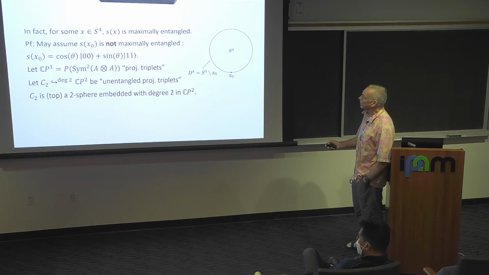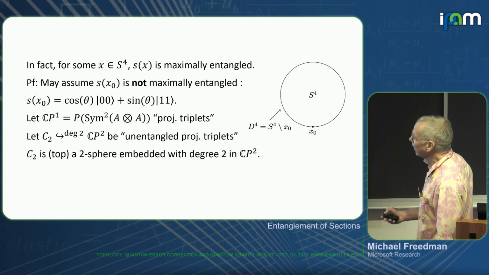CP2 is the projective space of the symmetric power. The symmetric power is 3 complex dimensional, taking its projective space. That's a CP2. So later on, all the CP2s are correct. So these are the projective triplets. And the unentangled ones, the rank 1s, because it's a quadratic condition, are the degree 2 curve in CP2.